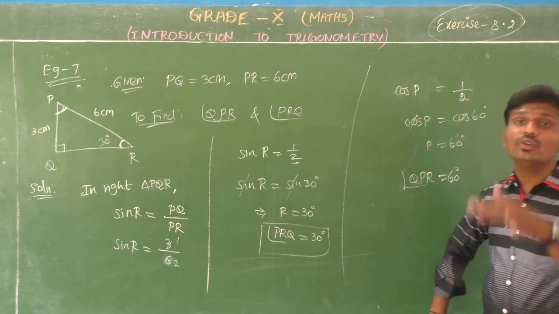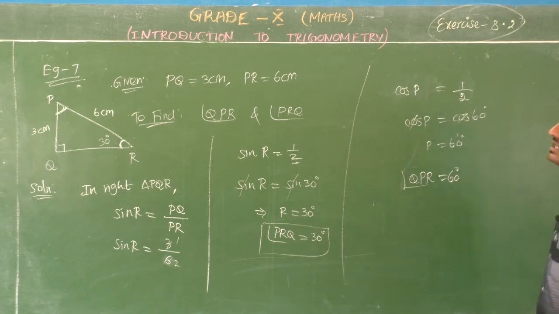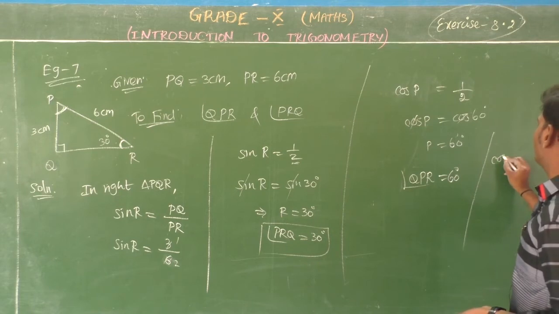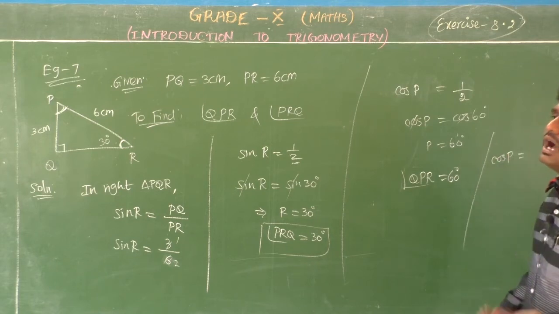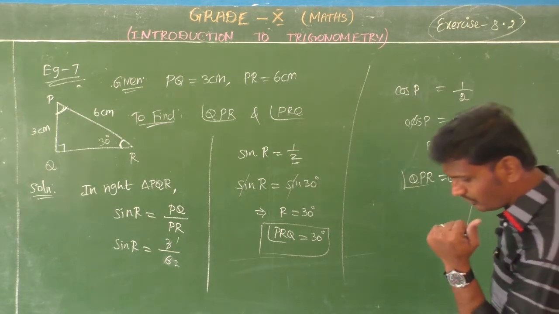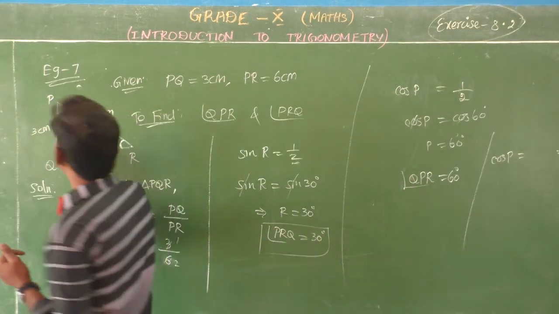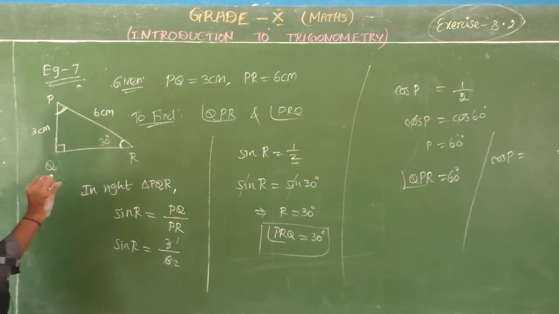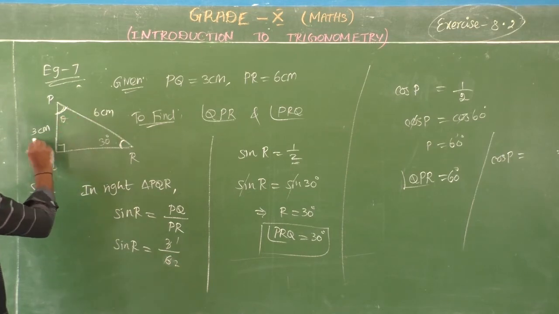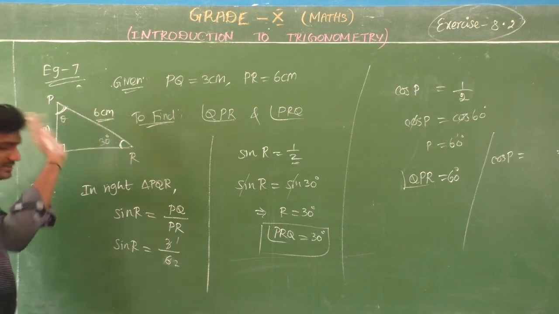Or otherwise you can take one more concept. Take cos theta: cos P is equal to adjacent side by hypotenuse. For angle P, the adjacent side is 3 and the hypotenuse is 6.